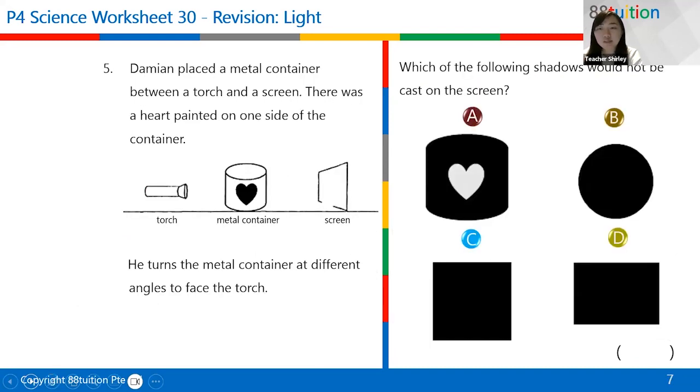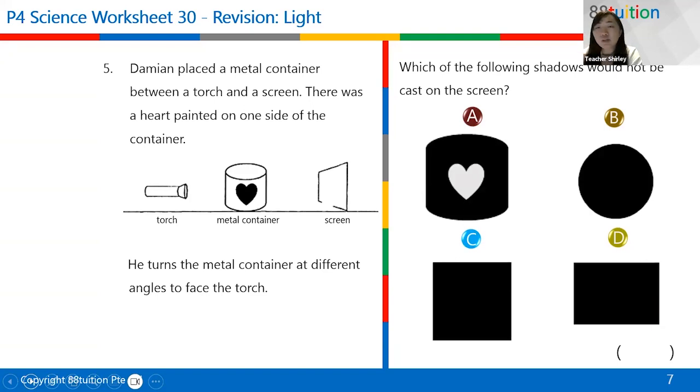Next one. Anyone? Catherine? A. Damien placed a metal container between a torch and a screen. There was a heart painted.